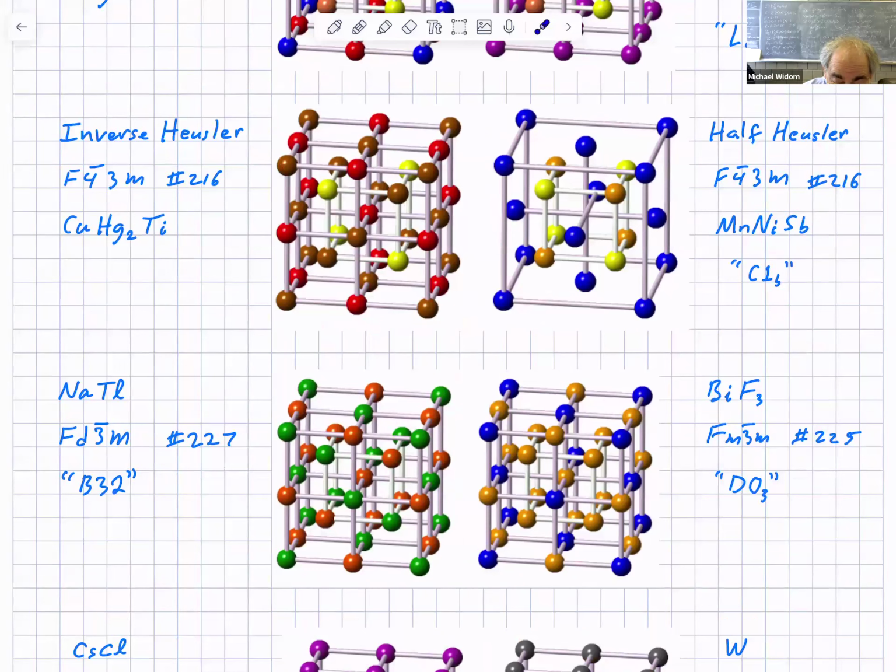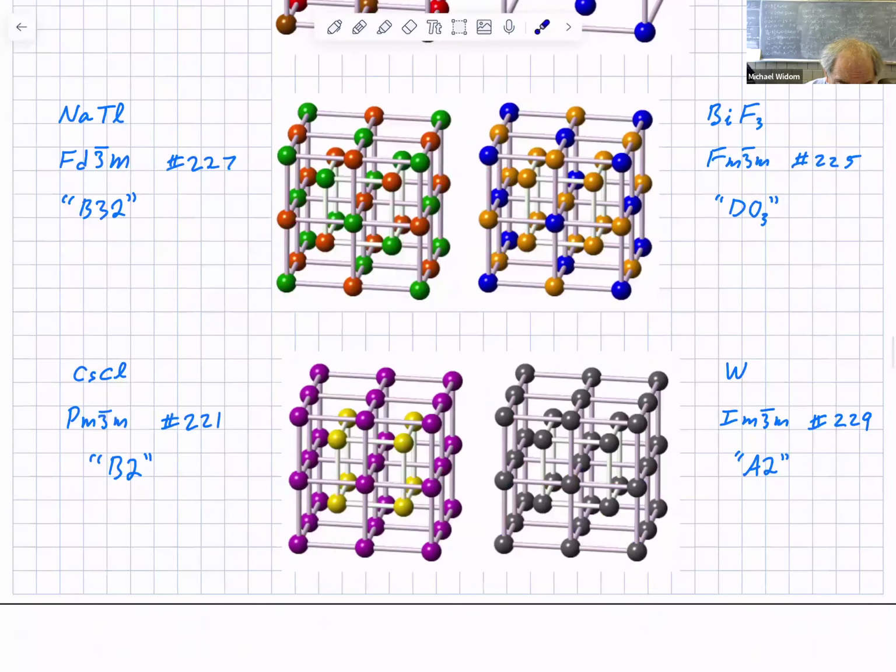And then here are 2 other structures that are both binary alloys, the sodium thallium and bismuth trifluoride structures. And then finally, we have cesium chloride. Cesium chloride is like chemical order on a body-centered cubic lattice.